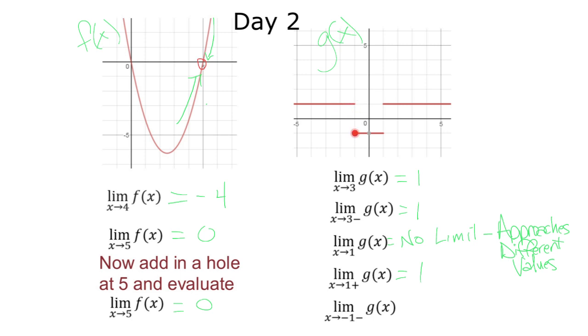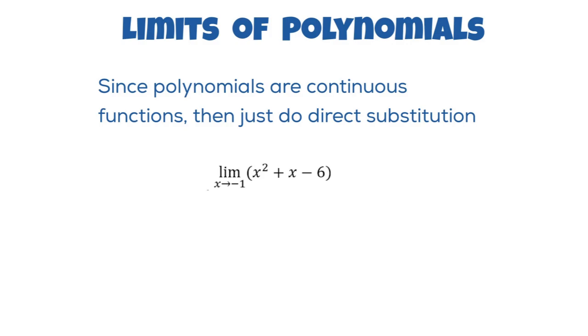So what do you think we should write here? We should write 1, because it's a one-sided limit. I don't really care that it jumps in the other direction, it's going to something different, because I've made it a one-sided limit, then it's okay to evaluate. Okay, just kind of a recap of the graphs.